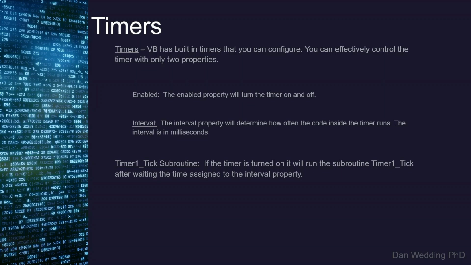The enabled property will turn the timer on and off. The interval property will determine how often the code inside the timer runs. The interval is in milliseconds. If the timer is turned on, it will run the subroutine timer 1 tick after waiting the time assigned to the interval property.